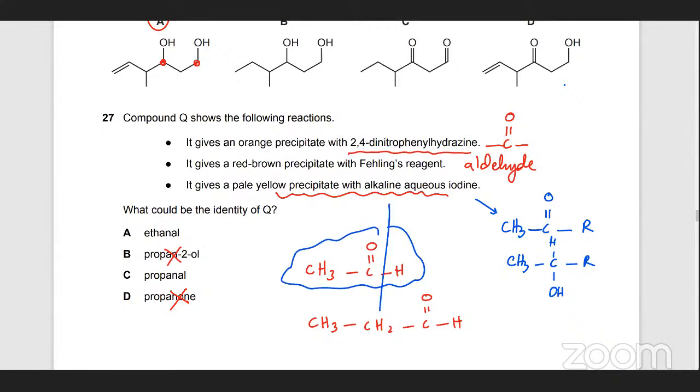Because if you look at ethanol, if you divide the molecule at this point, you're going to notice that this molecule has the CH3 methyl with C double bond O. Hence, option A is going to be the correct option for this question. Okay, is this clear? Yes.